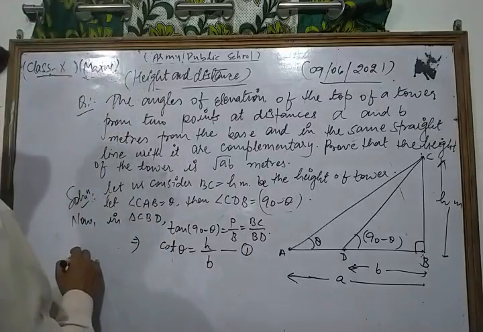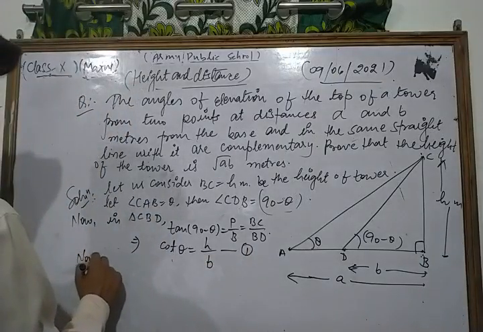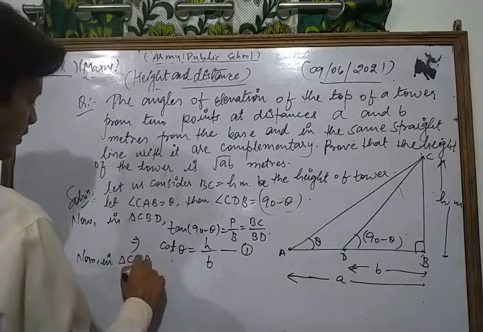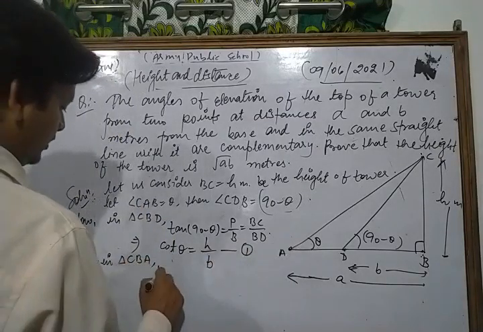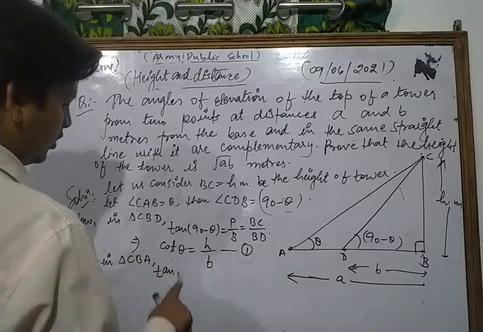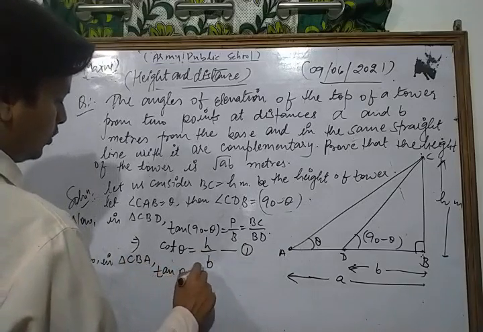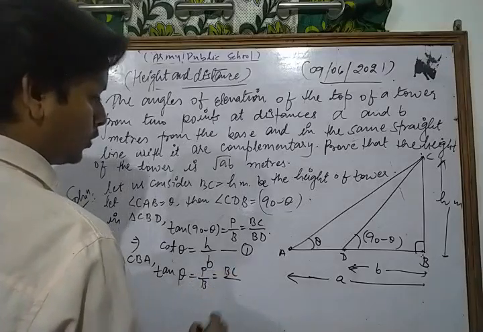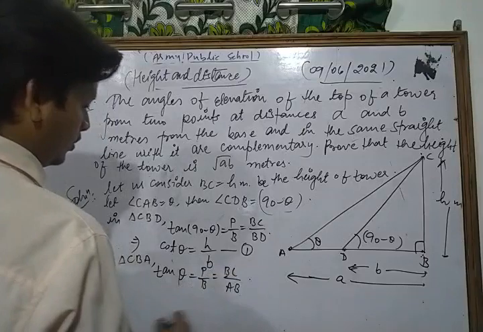Now in triangle CBA, tan of angle A, tan of angle A means tan theta is equal to, again, perpendicular upon base. Perpendicular is BC, and base is AB.